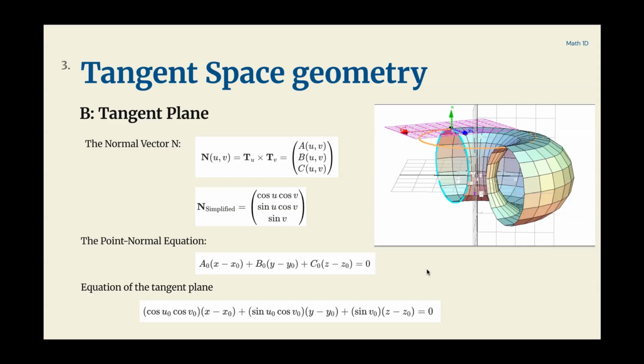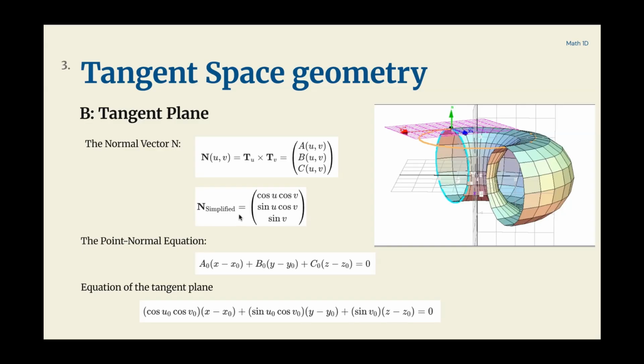So what we need to do now is simply find the normal vector n. And to find the normal vector n, we just need to get the cross product of tu and tv. And we just need to get the simplified result of the normal vector.